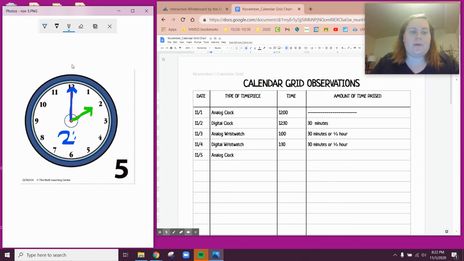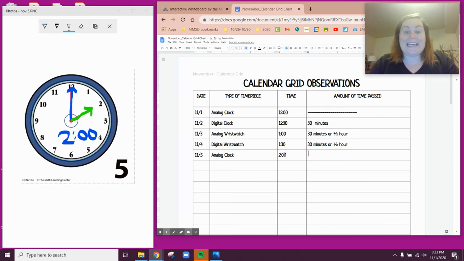I'm going to remember that it goes 0. And then if my minute hand is pointing to the 12, that means 0 minutes have passed in the hour. So it would be 0, 0 for that. It would be 2 o'clock. That is what time our clock says today. So I'm going to write the number 2, my 2 dots, and then 0, 0.